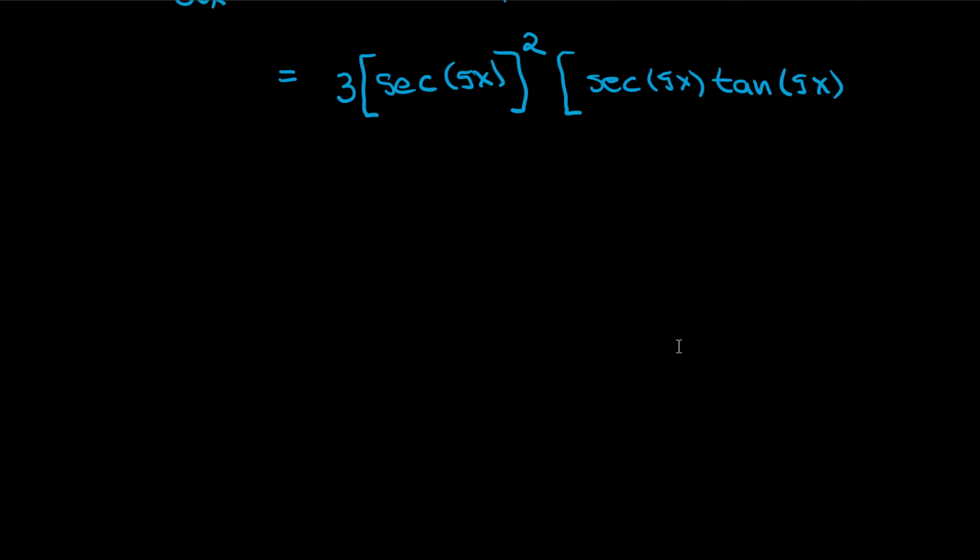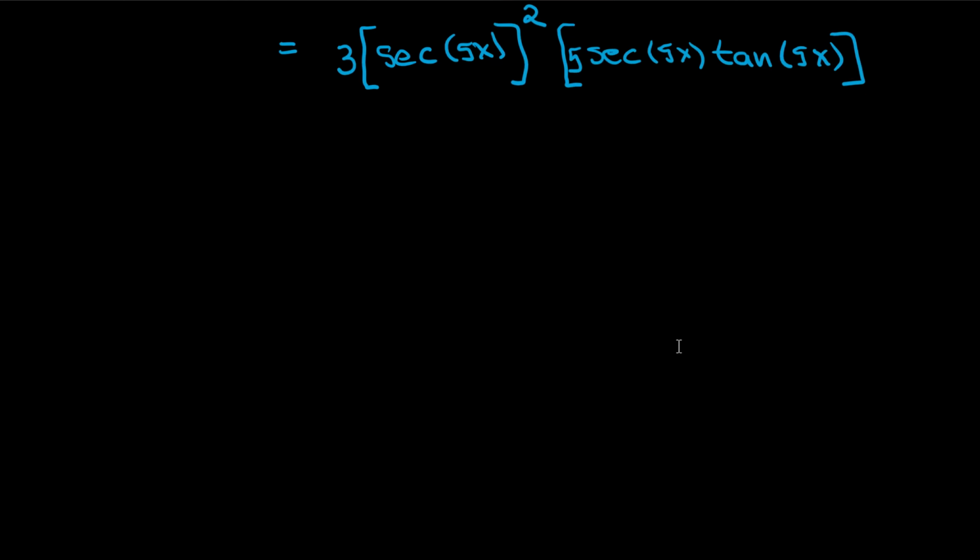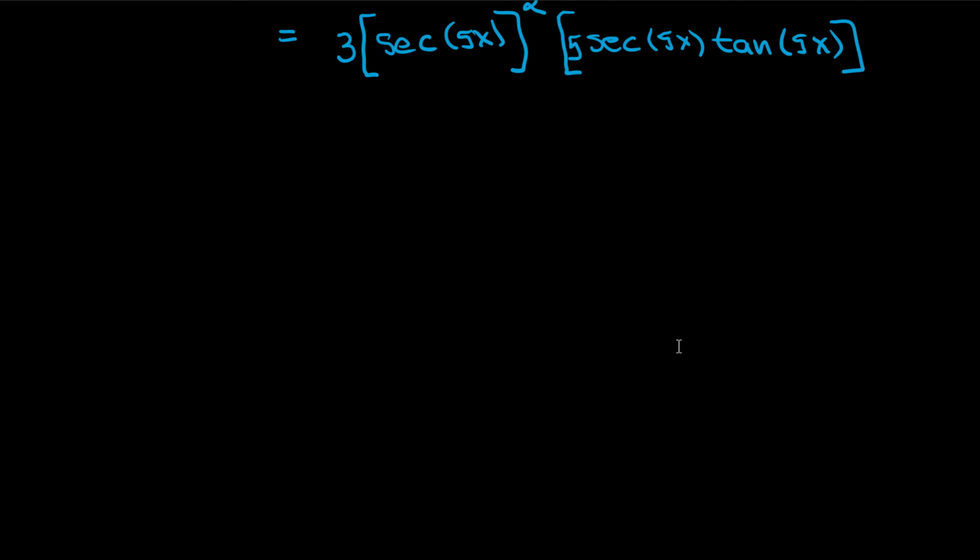So we've done the secant part. Now we need to do the derivative of the argument, which is going to be a 5, which I could slide up front like that. And what this is going to give me then is I can take the 5 times the 3, and I'm going to have 15.